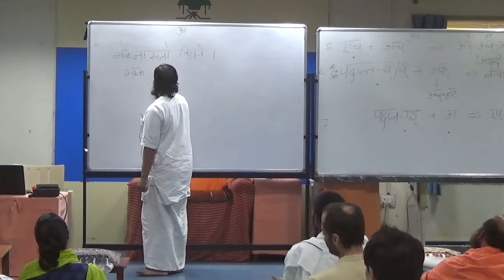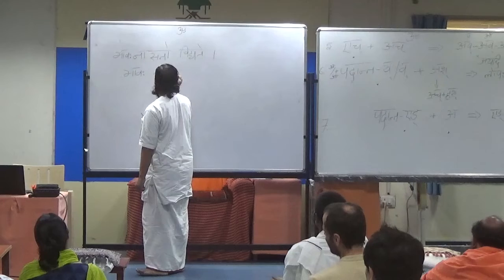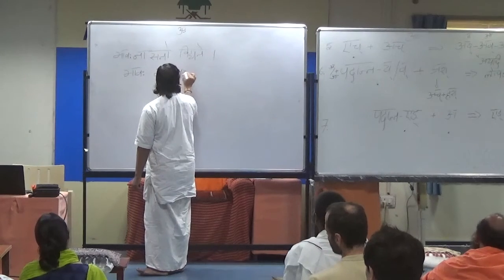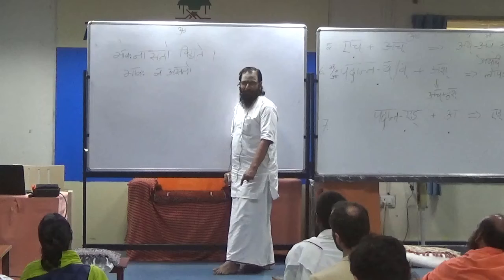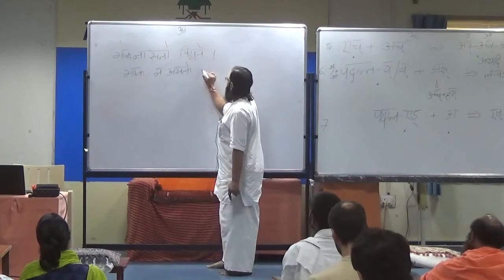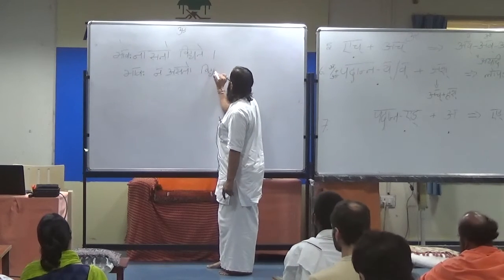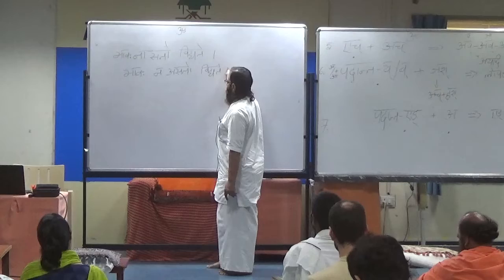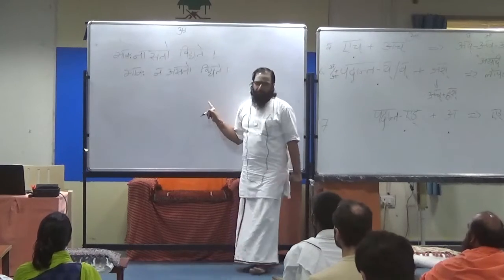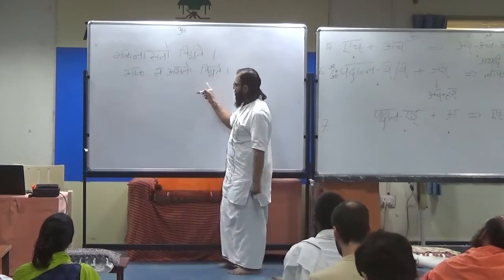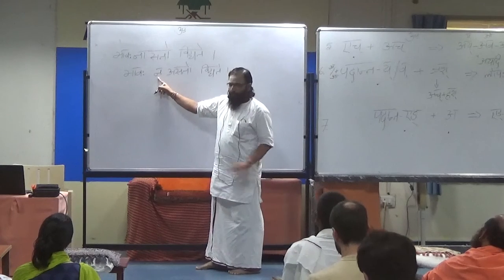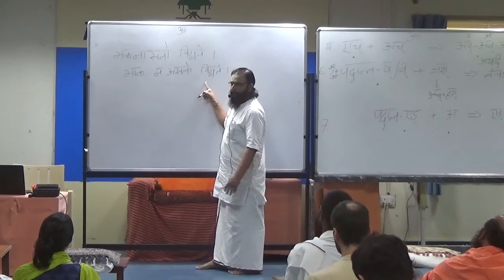One word. Na sato. Na asato. Asato ma sadgamaya, tamaso ma jyotirgamaya. Asata. Vidyate is what? Kriyapadam, right? Vidyate is Kriyapadam. And whenever you say the negative particle na, you connect it to the Kriyapadam.